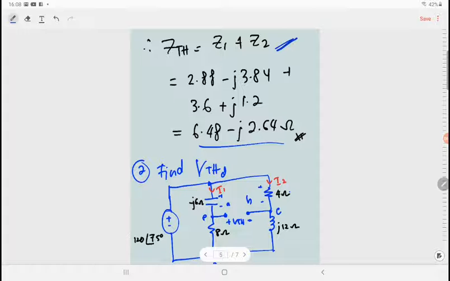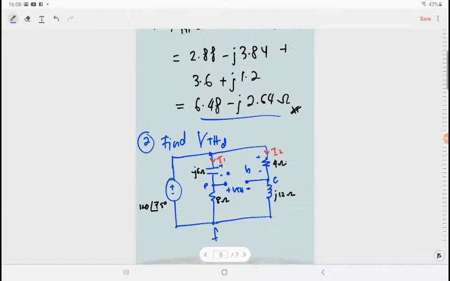So after we got the value of Z Thevenin, we can find the value of V Thevenin. As we know, V Thevenin is actually V open circuit at the terminal. The circuit shown here is the simplified version of the circuit, right?